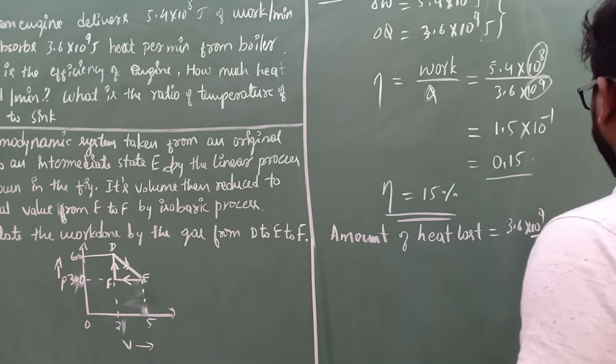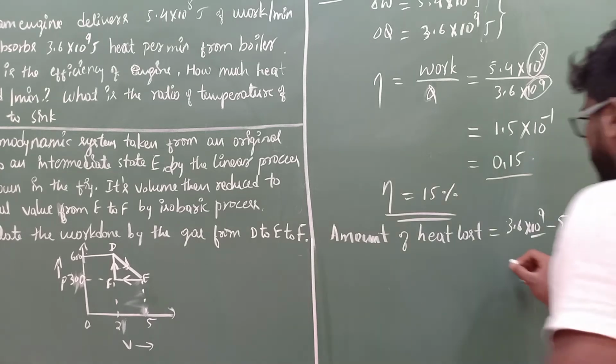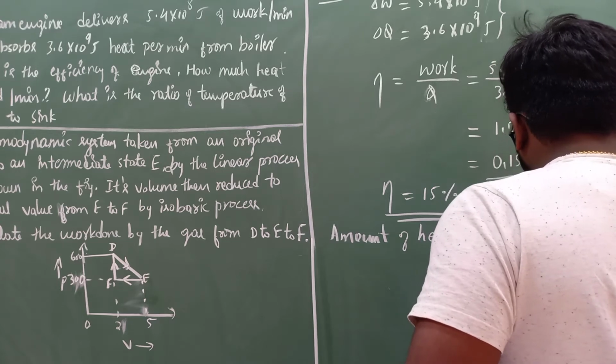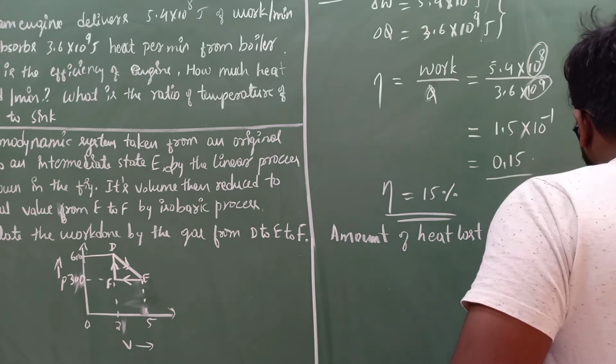Here we have 10 power 9 and here 10 power 8. We can't simplify if the powers vary, so either convert this into 10 power 8 or into 10 power 9. Converting is easy: 3.6 into 10 power 9 minus 0.54 into 10 power 9.